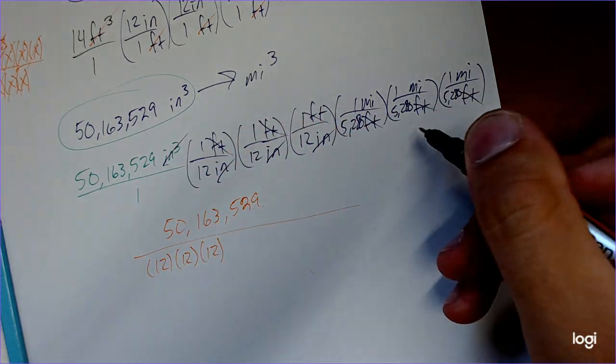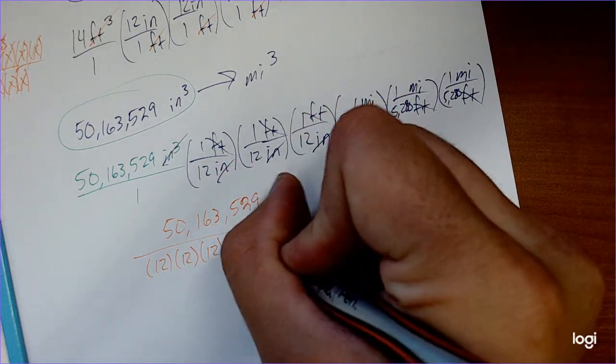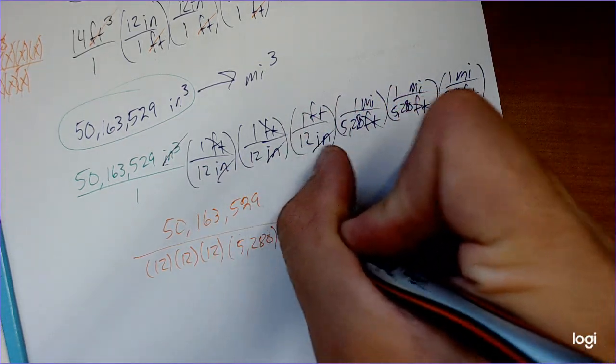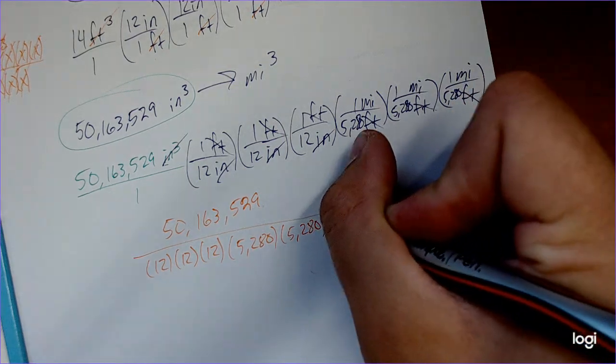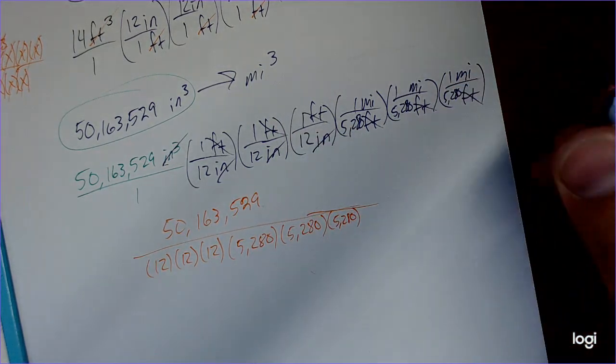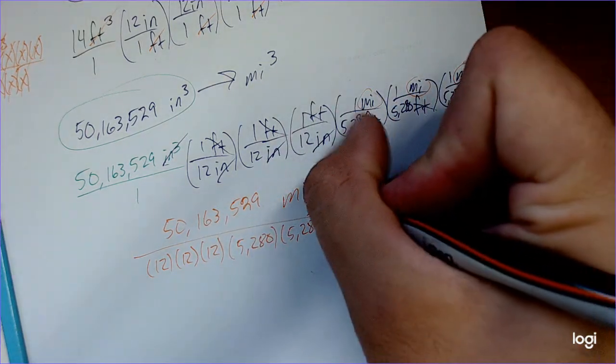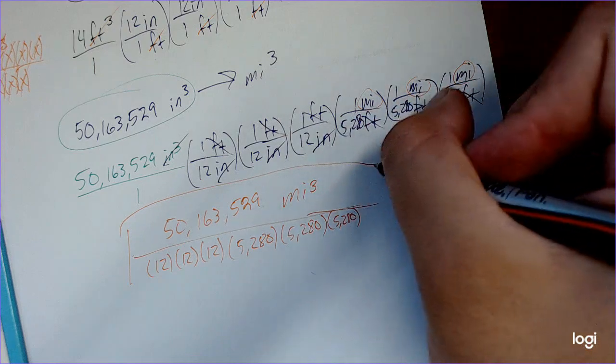And then I have 5,280, 5,280, 5,280. And then the last bit of information, the most important part, is this miles cubed. And that is going to be my final answer.